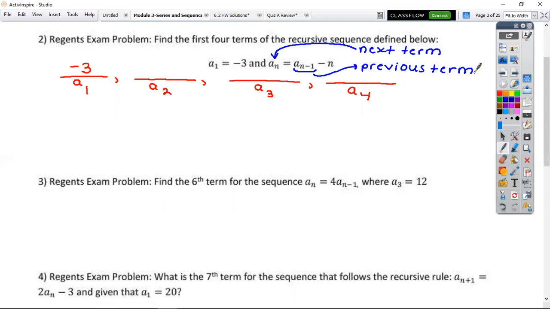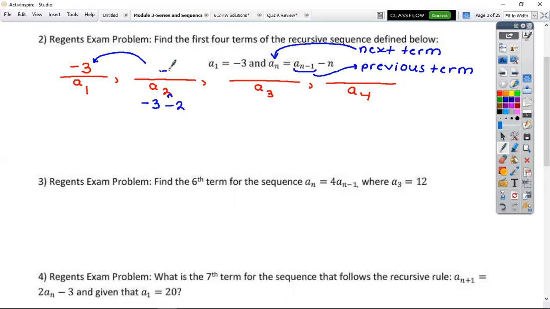So here's how I do this the easiest way possible. So I want to find the next term, which is the second term. So what I do is I look at the term before it, which is -3, and I subtract n. This right here is n. So I'm going to go minus and then 2.